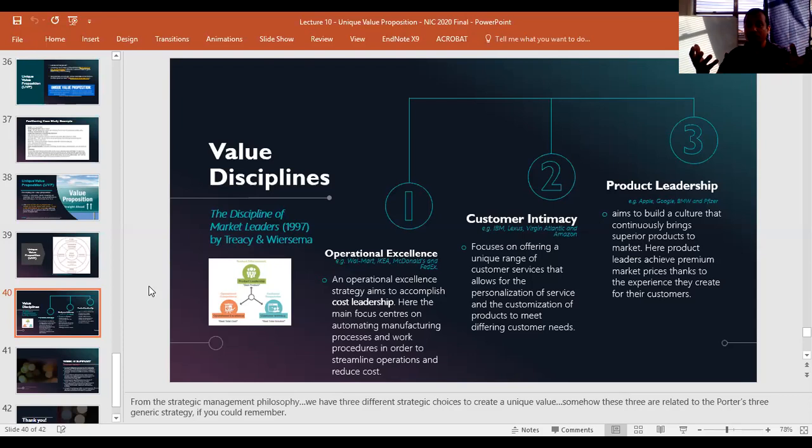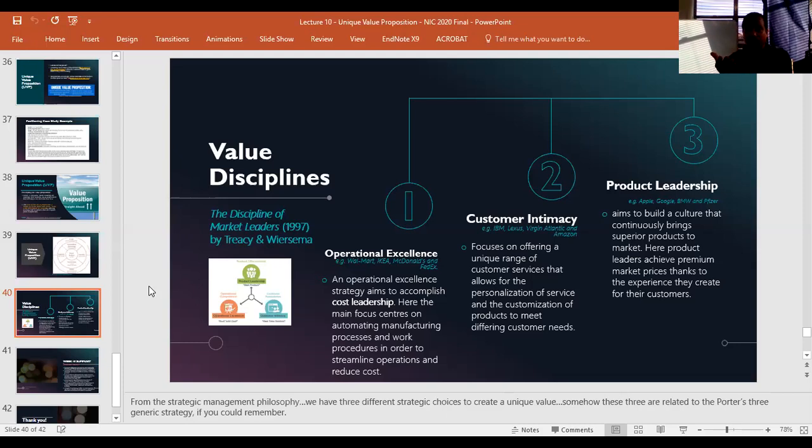So the main focus will be automation of manufacturing processes and work procedures in order to streamline the operation and reduce the cost. That is the kind of discipline, operational excellence, in order to add customer value to the customer or to the company.